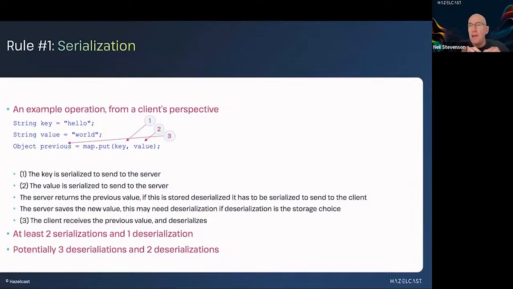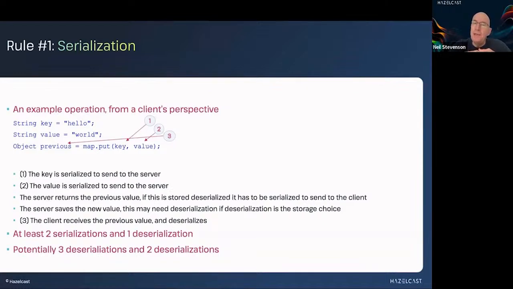So that string hello, you have to serialize, turn it into a flat series of bytes to transmit across the network. You might look at it and think, well, a string is a flat series of bytes already. And yes, it is, but it's not a byte array, so it isn't particularly easy to flatten. So you've got to serialize the key to send it to the server. You've got to serialize the value to send it to the server.